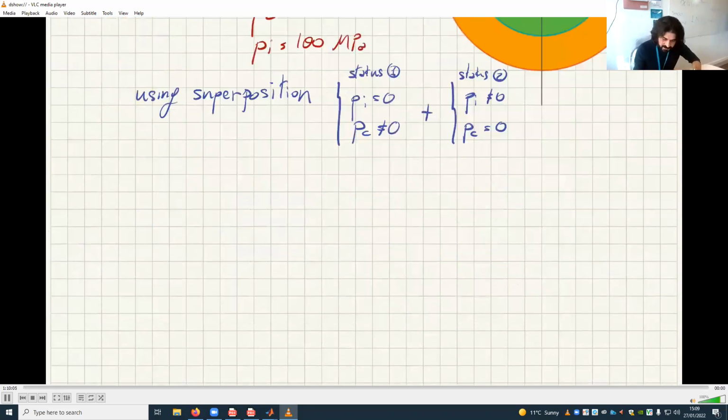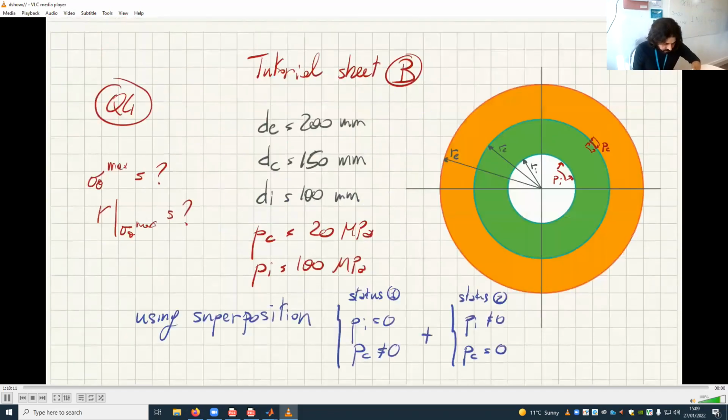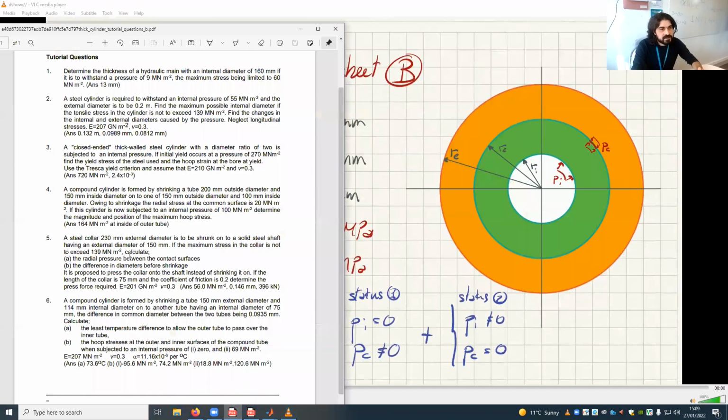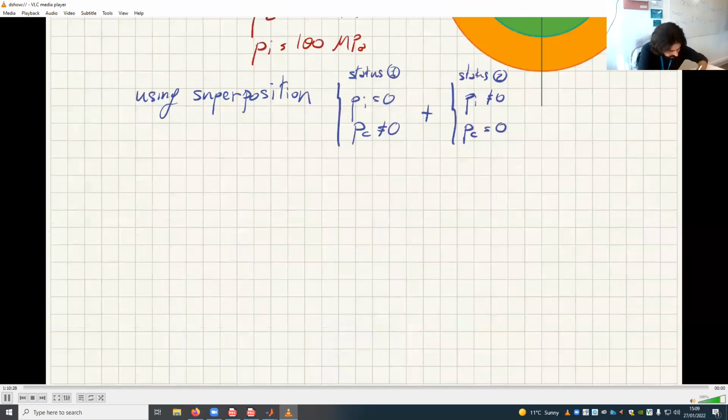So how do we solve this? Well, first of all, let me check what else we have here. Okay, no, that's it. It says here it's at the inside of the outer tube. Okay, so let's solve this by saying status 1: PI equals 0, PC is non-zero. Let me do this for the core and the sleeve.